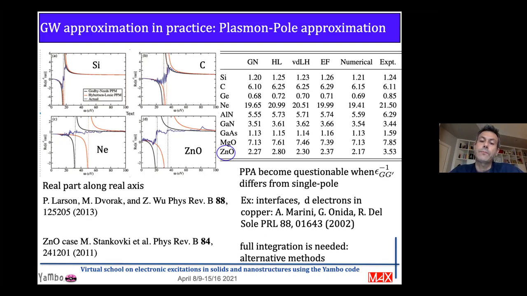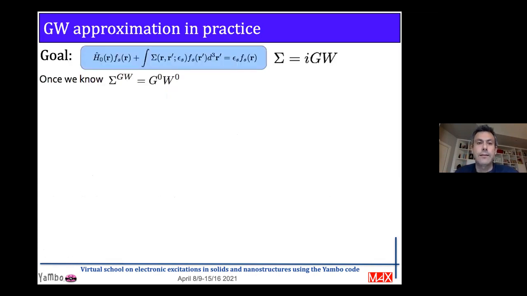So it's important to check also the plasmon pole model you are assuming. Note that the plasmon pole approximation becomes questionable for materials where the frequency dependence cannot be approximated with a single pole, for instance interfaces or the electrons in copper, just to give a few examples. In this case, full frequency integration is needed.